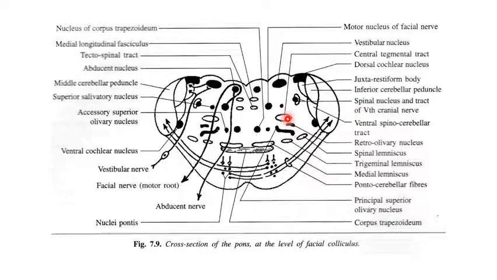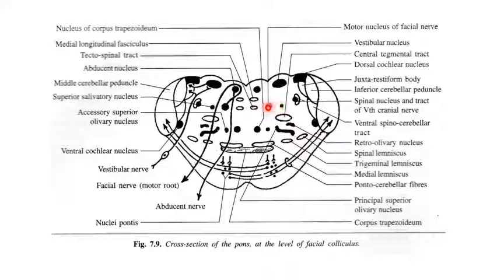So behind the central tegmental tract, there is the nuclear complex of the facial nerve. We can collectively mention it as the nuclear complex of the facial nerve. From medial to lateral, there is the motor nucleus of the facial nerve, the superior salivatory nucleus, then lateral to it the nucleus of tractus solitarius, and the spinal nucleus as well as the tract of the trigeminal nerve.